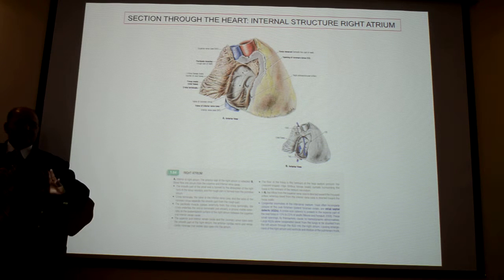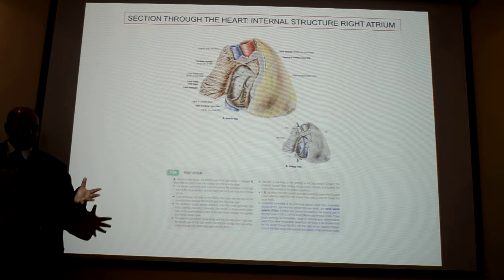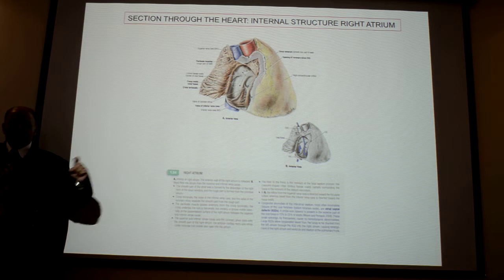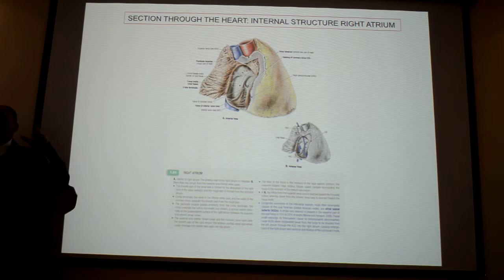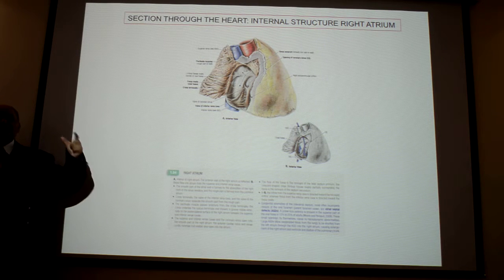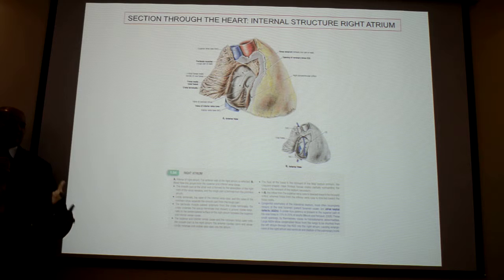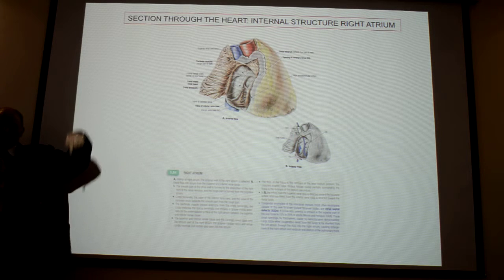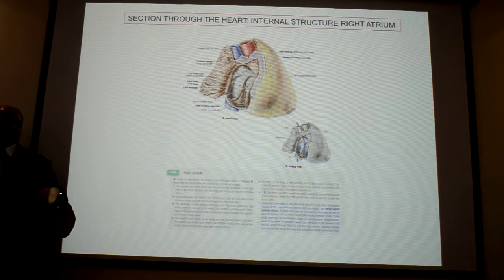VSD or ASD? Primarily, now listen to me. We have deoxygenated blood in the right atrium of the heart. If this deoxygenated blood starts going into the left atrium of the heart, you will have what type of blood? Mixed type of blood.